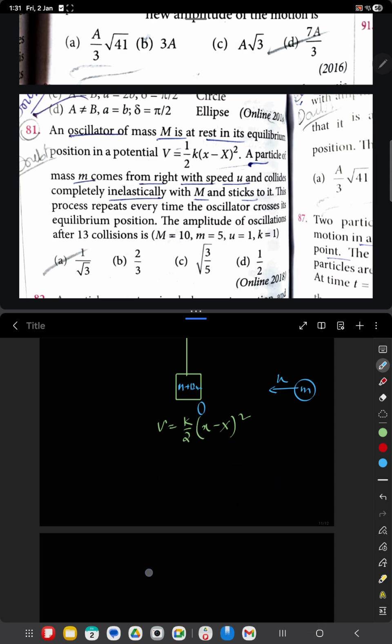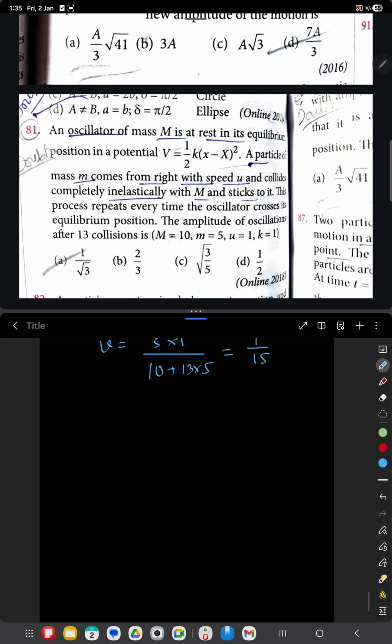So you may write (m plus 12m) into 0 plus m into u should be equal to (m plus 13m) into v. I am assuming this is the ultimate v, so this comes to mu by (m plus 13m). You are given the values of m, u and all those, so you can clearly find the velocity.